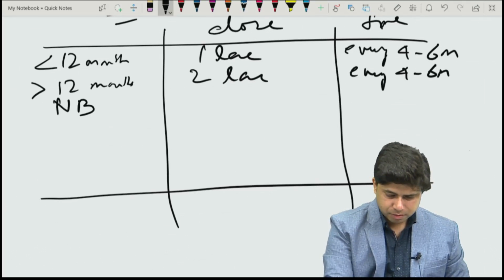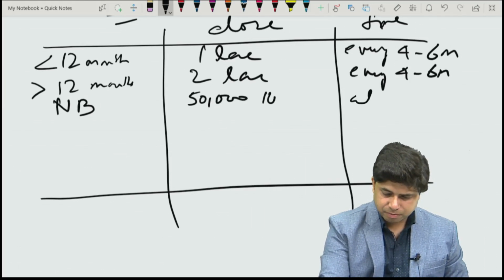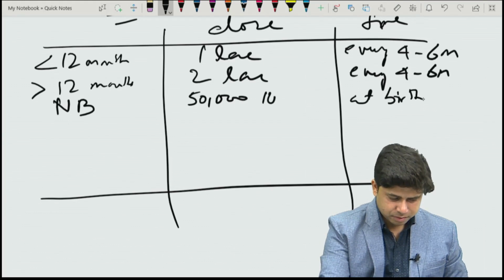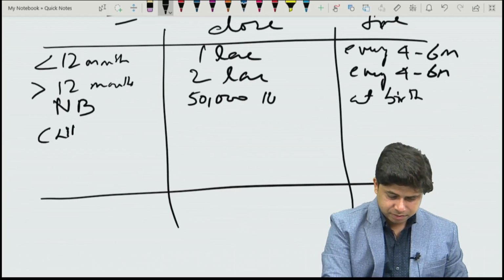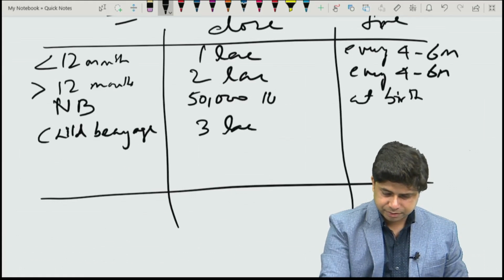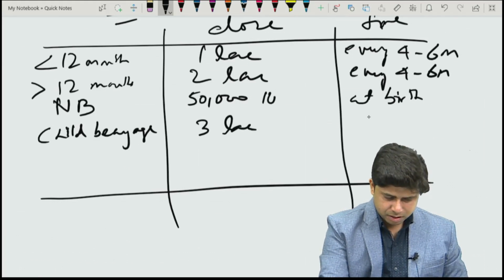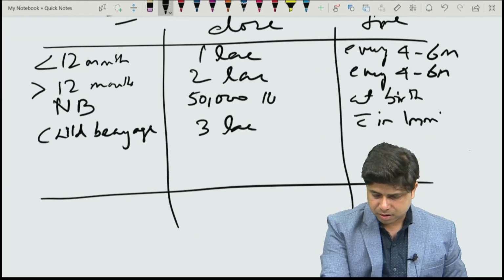Newborn, 50,000 international units at birth. Childbearing age, 3 lakh international units within 1 month of giving birth to the mother.